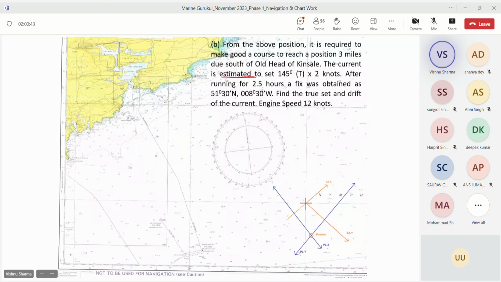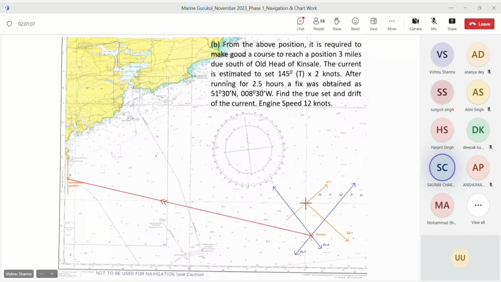Tell me, where do I want to reach? 3 miles south of Old Head of Kinsale. So I want to reach here, right? Yes, sir. If I join these two positions, what do I get? CMG. Very good. And it gives me DMG, but I don't know in how much time I will reach. Yes or no? Yes, sir. Correct. What course should I set?